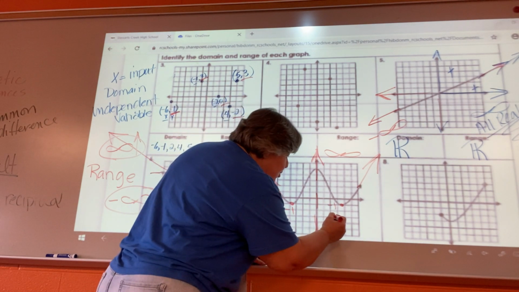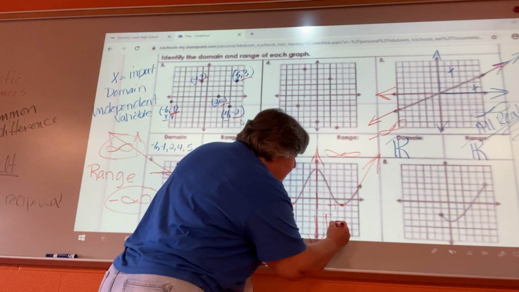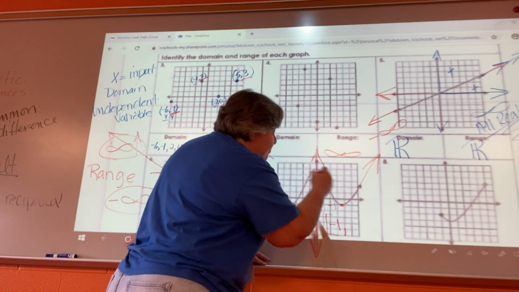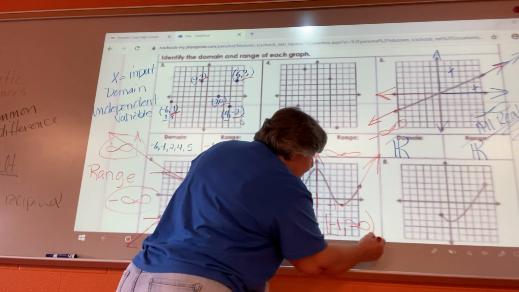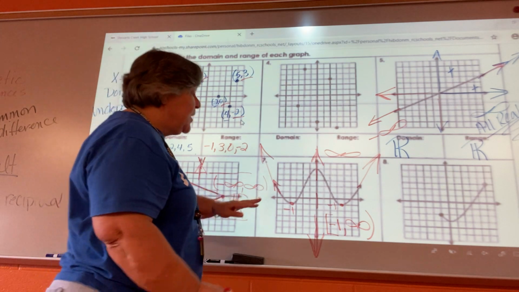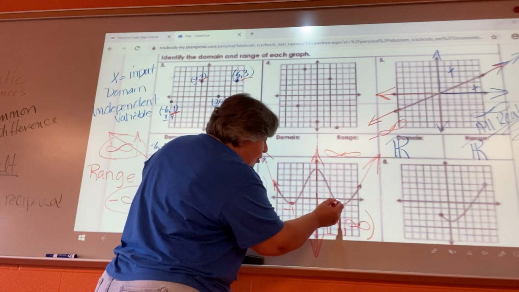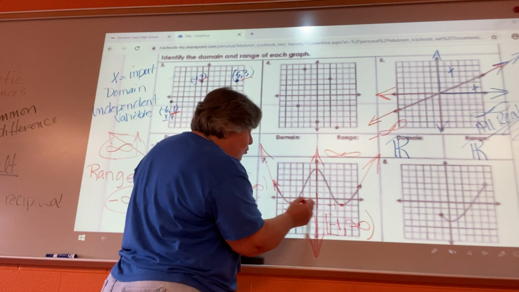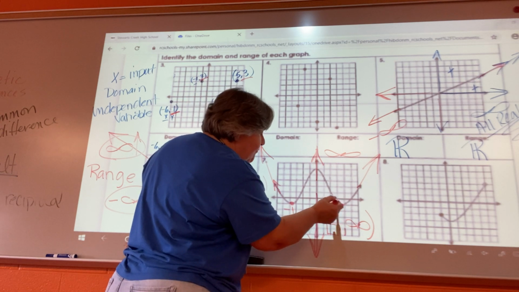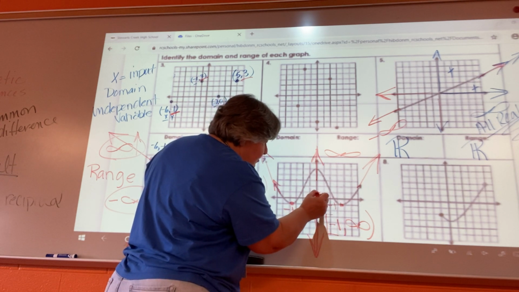So your range is -1 and positive infinity. Again, because my points here on the graph, that's where they end, and that's at -1. This is 0, 0.